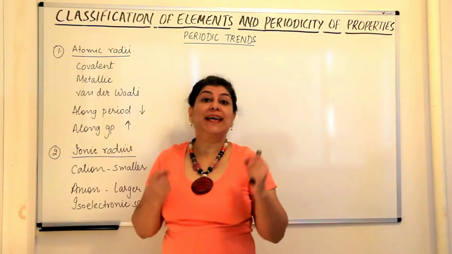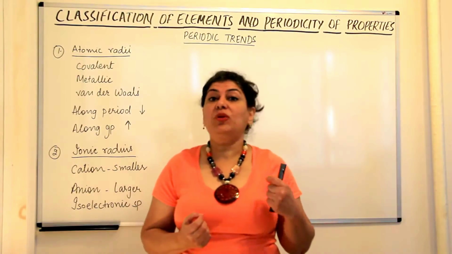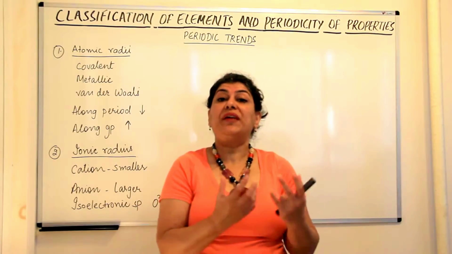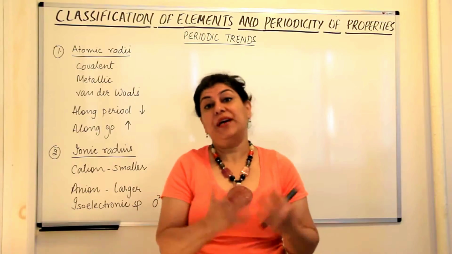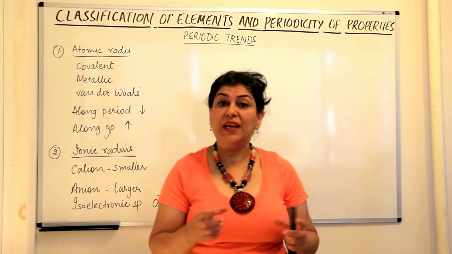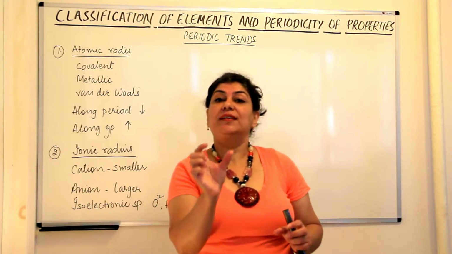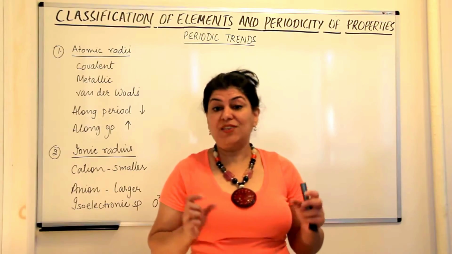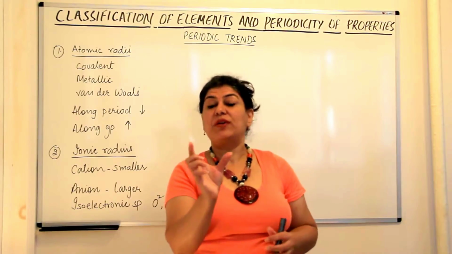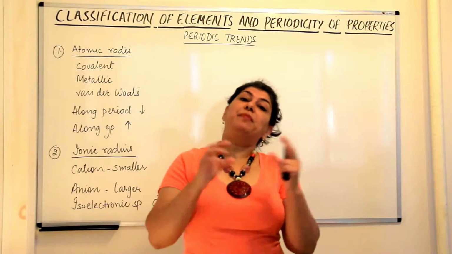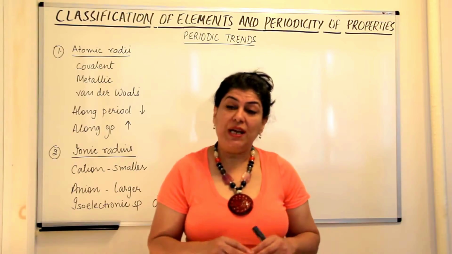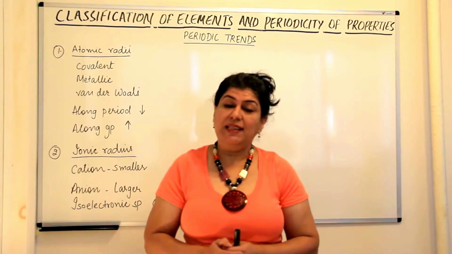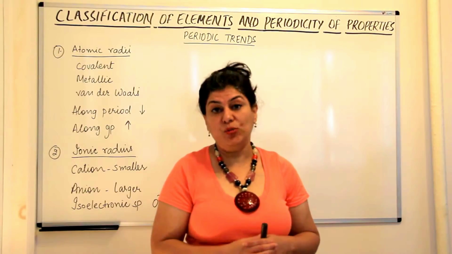We know atoms are extremely small and it's not possible to find out the size of an atom directly. It's by spectroscopy that you have to find out the radius of an atom. And it's not all that simple because atoms are not present singly. They may be present as diatomic molecules, they may be present as ions, they may be present as gases, as in noble gases.